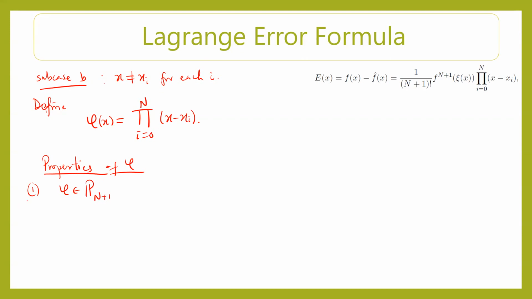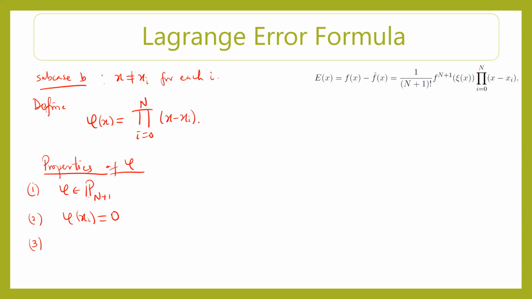So that's a polynomial of degree n plus 1. Two, phi of xi is 0. That is, one of the terms in the product is 0, x minus xi, which will be 0.